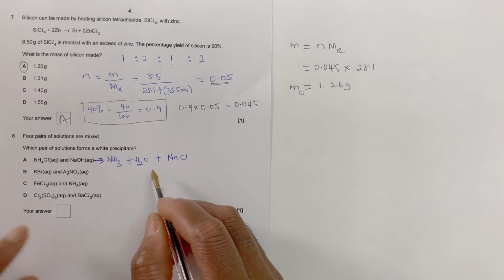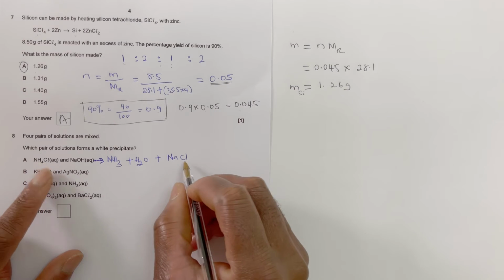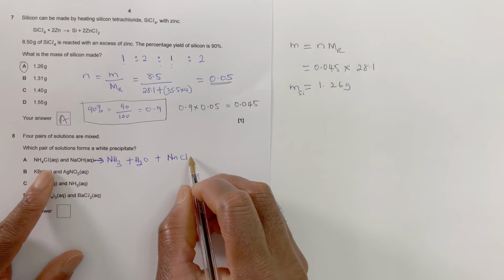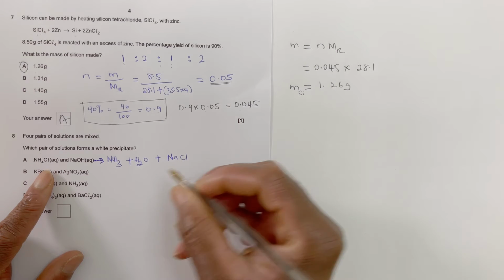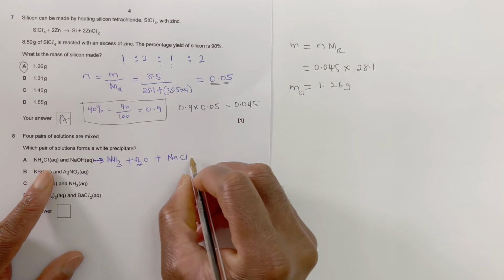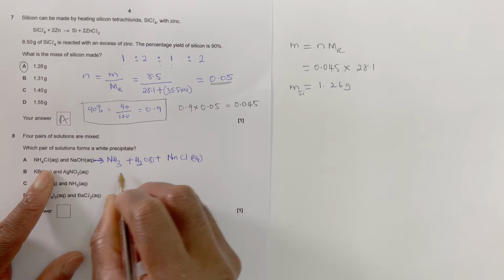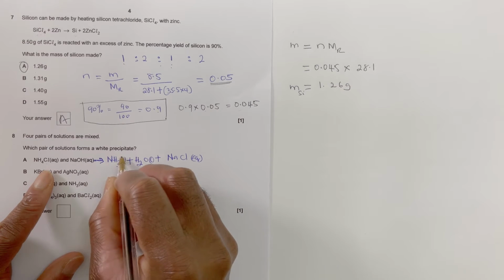And is that balanced? Yes, that's balanced. And this is a clear solution because sodium chloride is white, this is salt, but it dissolves in water. And you know when salt dissolves in water, you cannot see the salt, it's just clear. So that's aqueous. So that's liquid water, and ammonia is a gas, so that escapes.